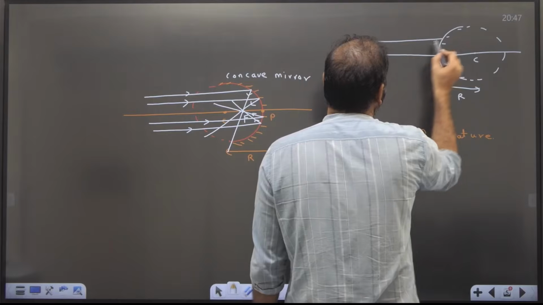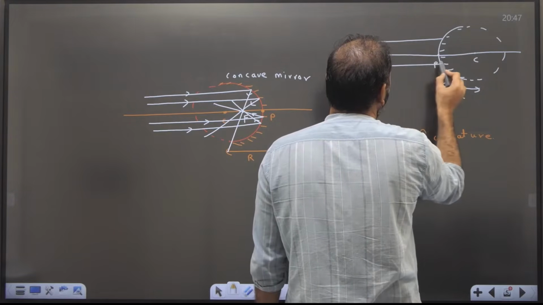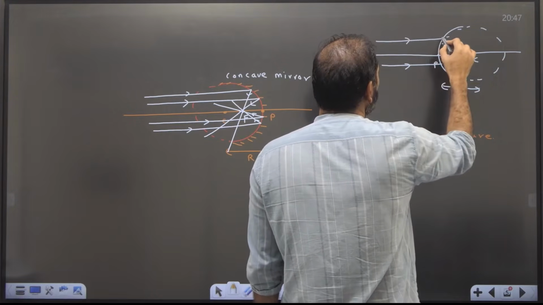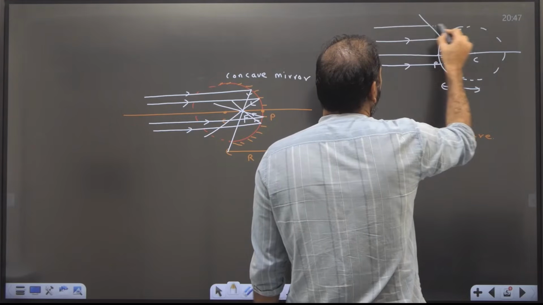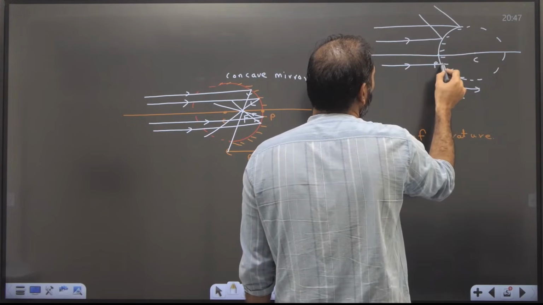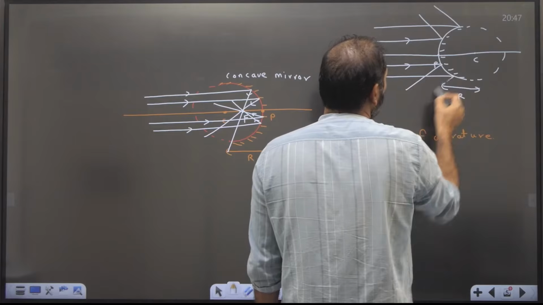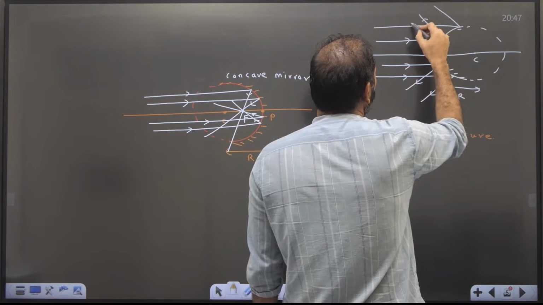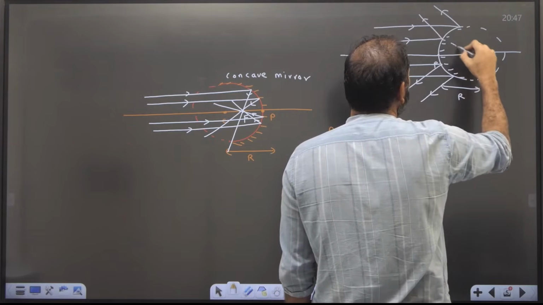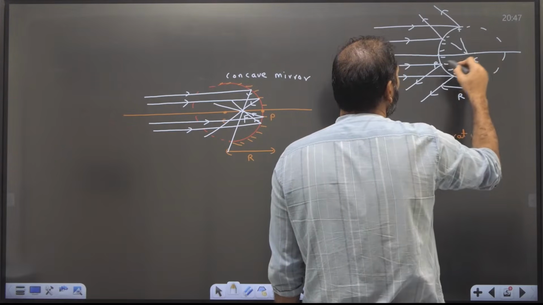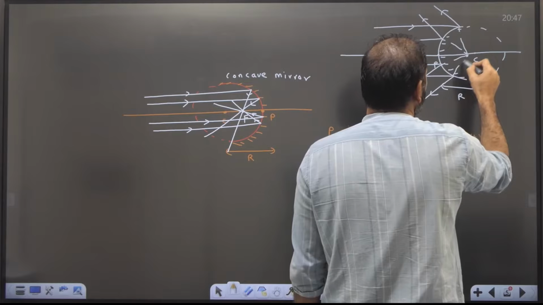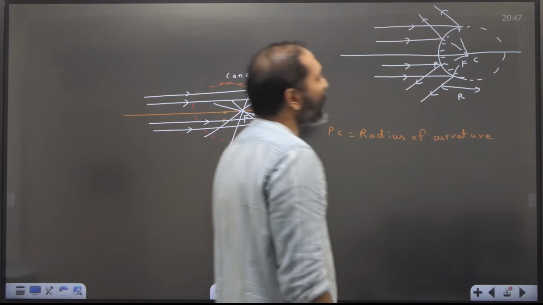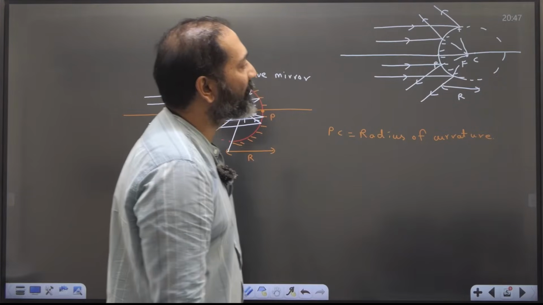A narrow parallel beam of light, parallel and close to the principal axis, after reflection from the mirror, appears to diverge from a point on the principal axis. This point is called the principal focus in the case of a convex mirror.